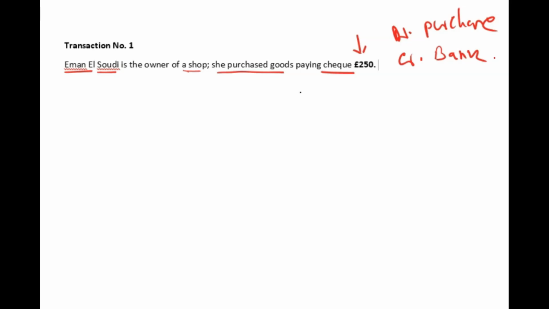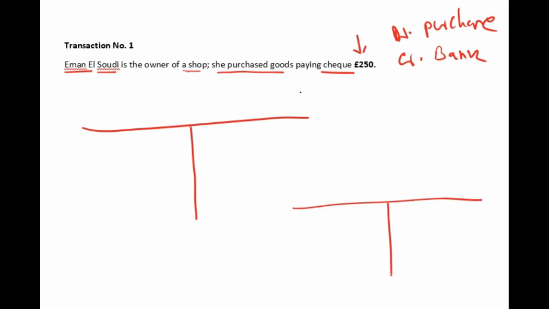How do we put these debit and credit items into T accounts? Those are known as ledger accounts. Let me show you. You need to do two T accounts. One purchase account, and another one is bank account.